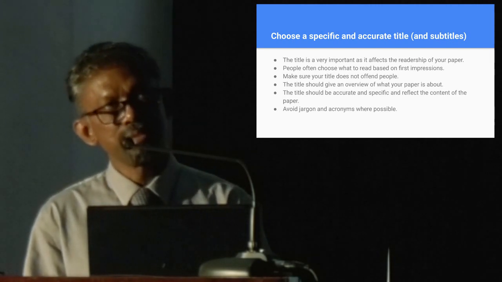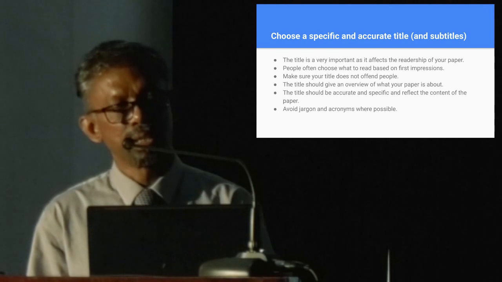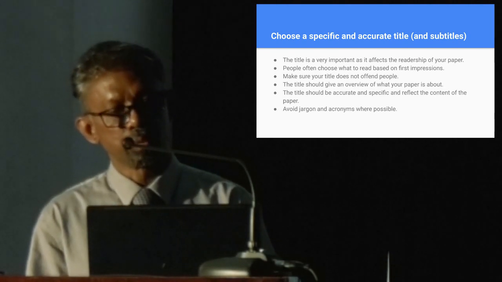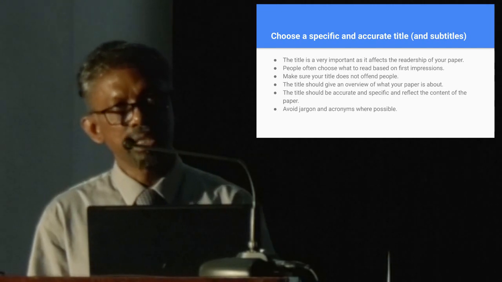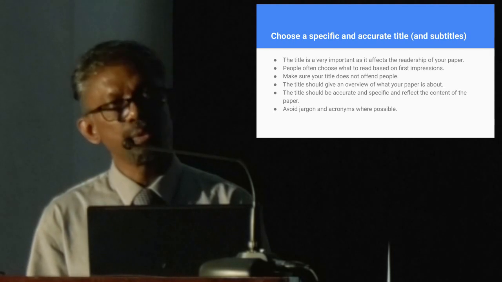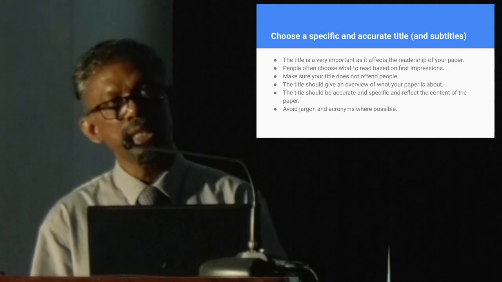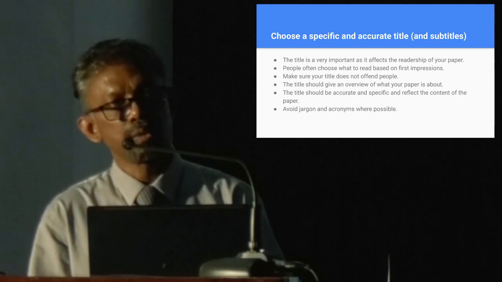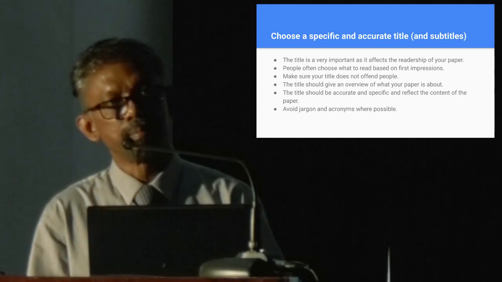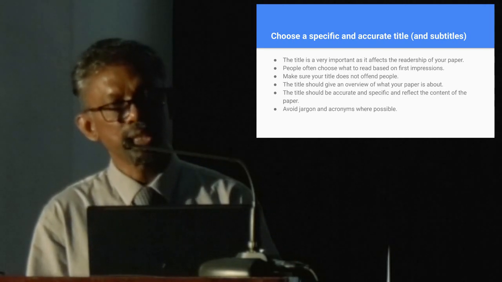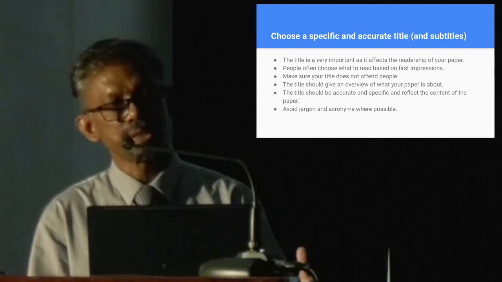And also it should be specific and should guide the reader as to what kind of audience the author has intended. So if we say, for example, object-oriented programming to improve the resilience of embedded control systems, then that is more focused.